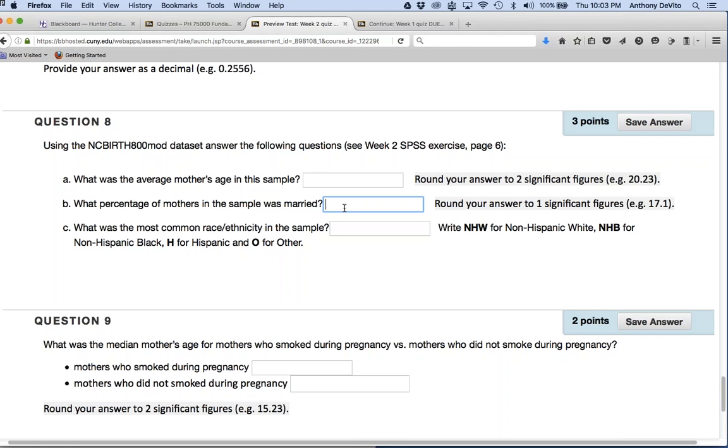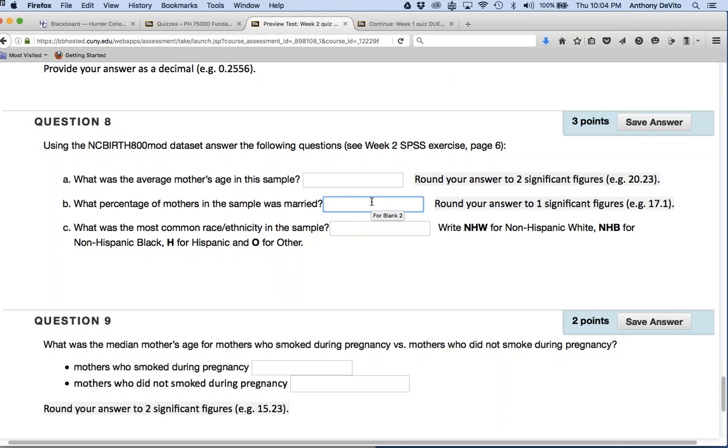Now, as far as the percentage of mothers in the sample, that's a categorical variable. We would want a frequency there. That's how we would calculate that. So we go to Analyze, Descriptive Statistics, and then instead of choosing Descriptives or Explore, we go straight to the top one, which is Frequencies, and tell it that we want to know the marital status, whatever that variable is.